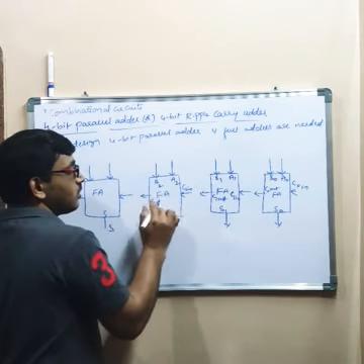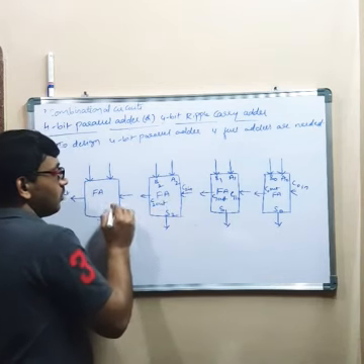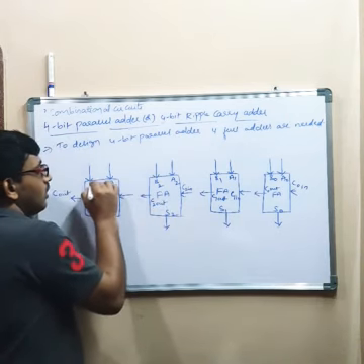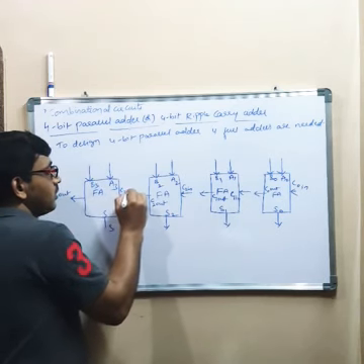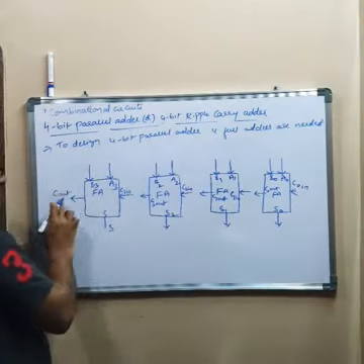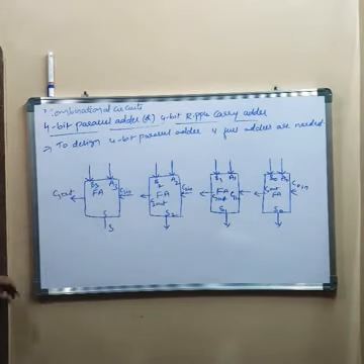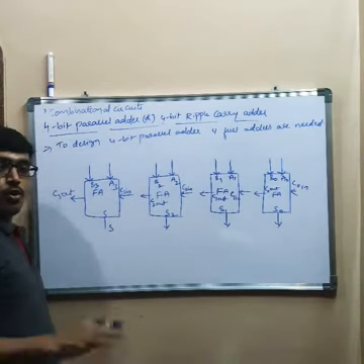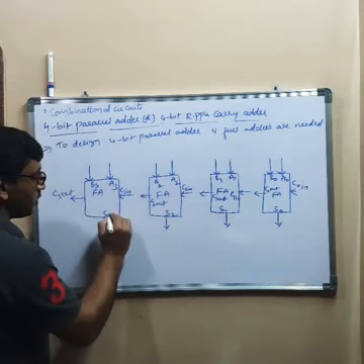This is C2 out, S2, A3, B3, C3 in. This is C3 out, right? What I will do here is, see, I will take an example. This is S3.